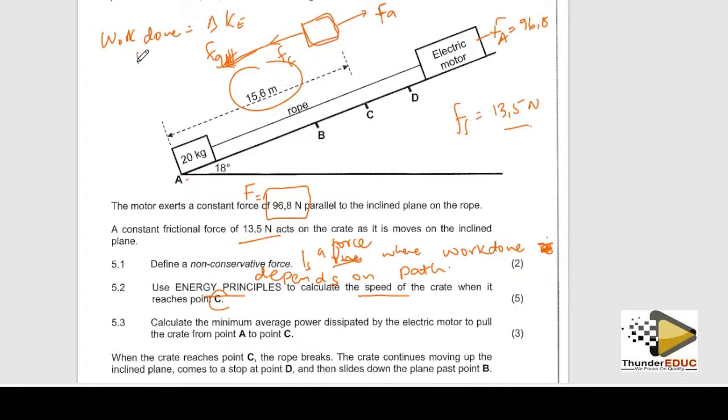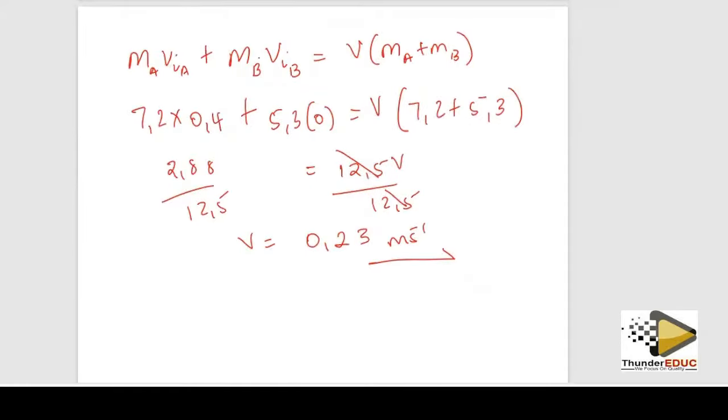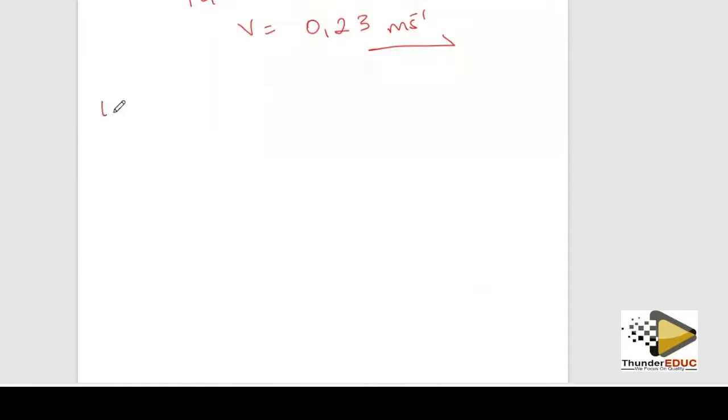We know that work done is the force times the displacement, and then the cos of theta. So I'm going to say the net work is going to be F delta x, and then the cos of theta. But remember, this is our F net. Let's get the F net.